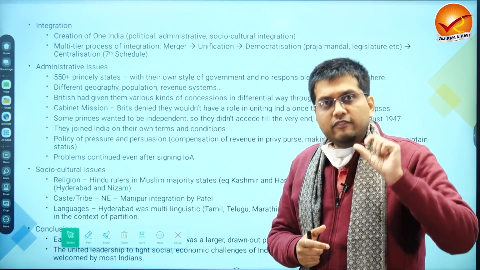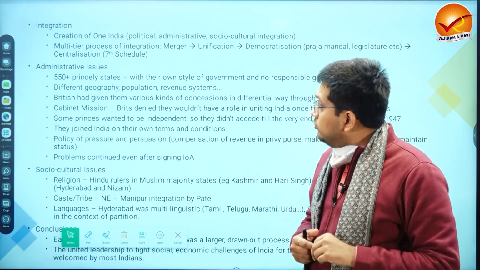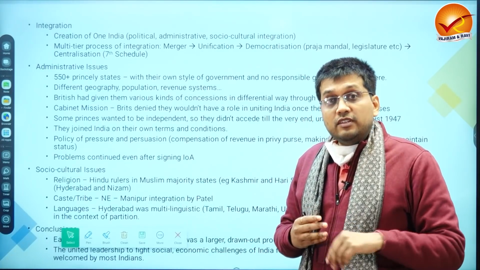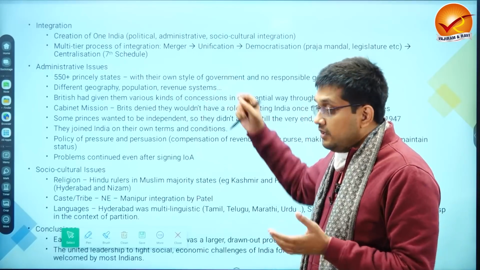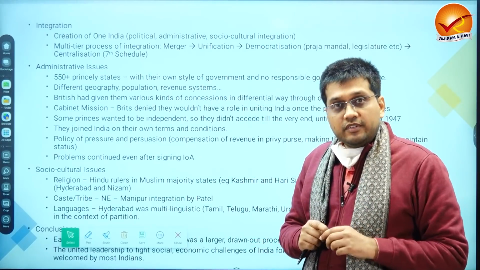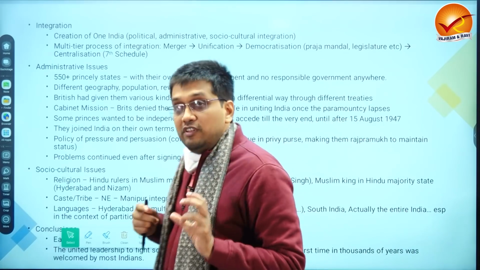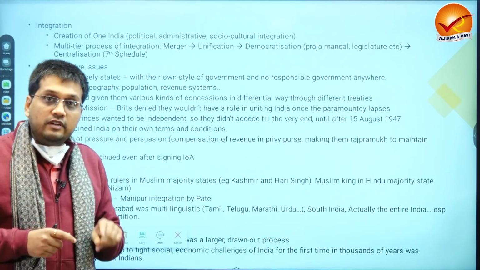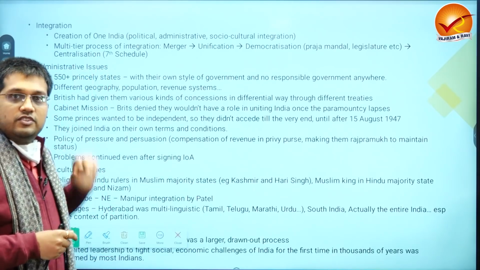You can introduce by that phrase also, or else you can talk about the multi-level, multi-tier process of integration that involved initially signing on the instrument of accession, then the merger agreement. From merger agreement you have unification, from unification you have democratization of the states, and then from that you have centralization.